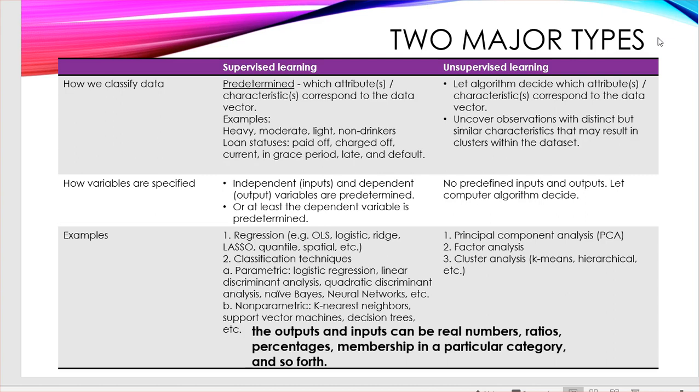So, whether it is the supervised or the unsupervised method of classifying data, the inputs and outputs can be anything. They can be real numbers, ratios, percentages, membership in a category, and so on and so forth.